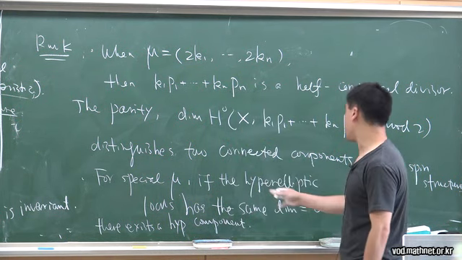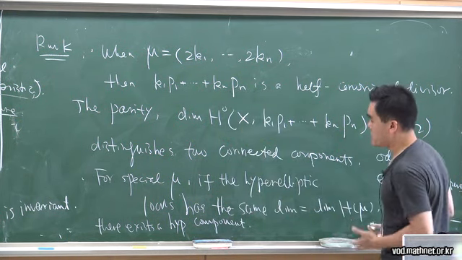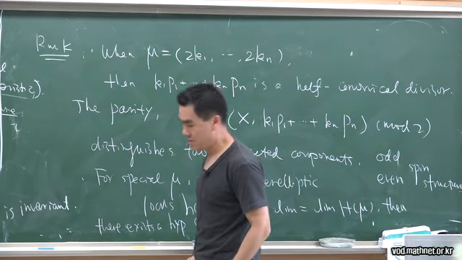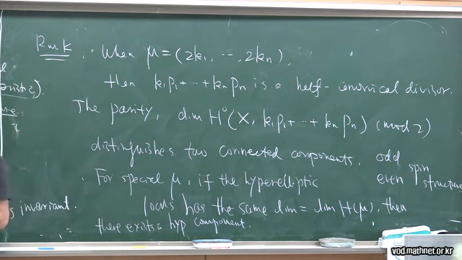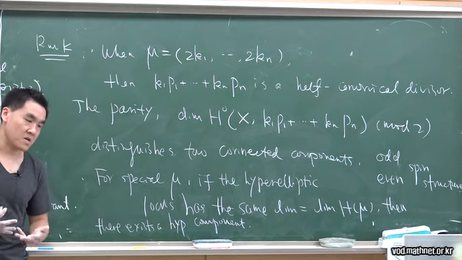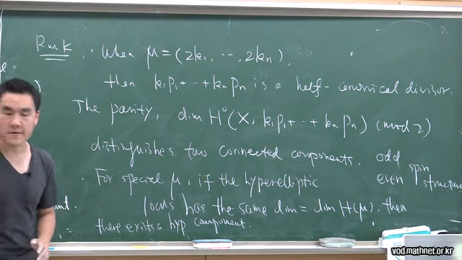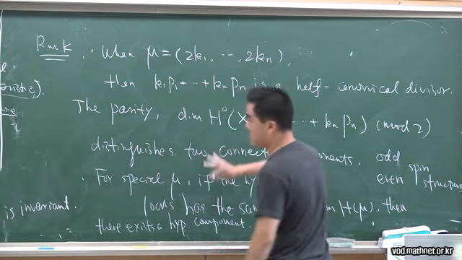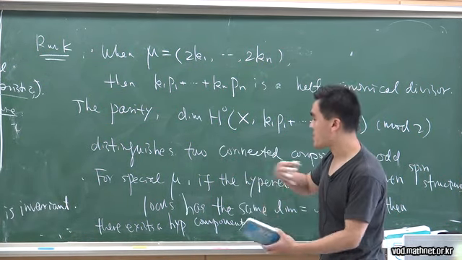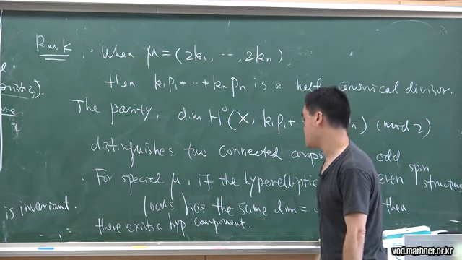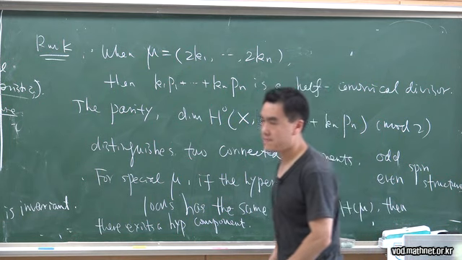So in total, we only see these three special structures: odd or even spin, or hyperelliptic components. That explains at least why we see at most three components in principle, but it's harder to show that there are no more structures, so I won't be able to prove that. But hopefully this example tells you that these structures give you extra components, and you don't expect to get more than three.